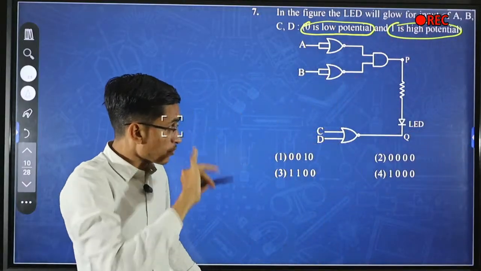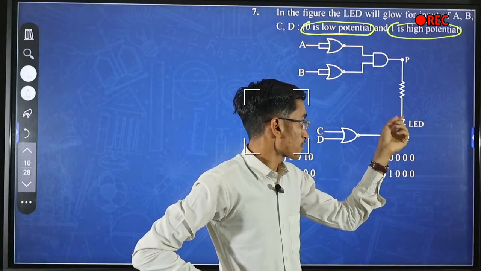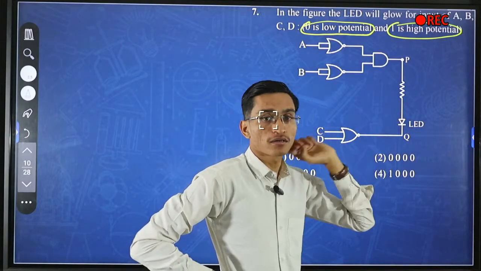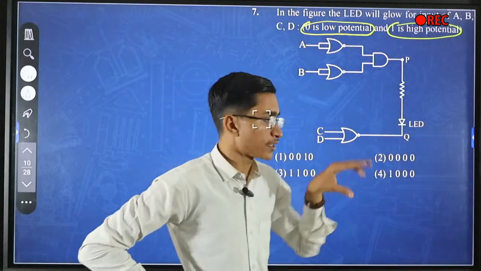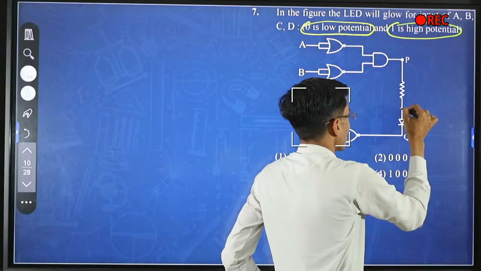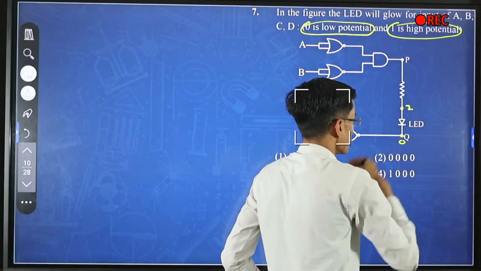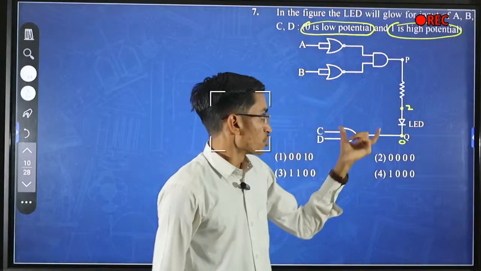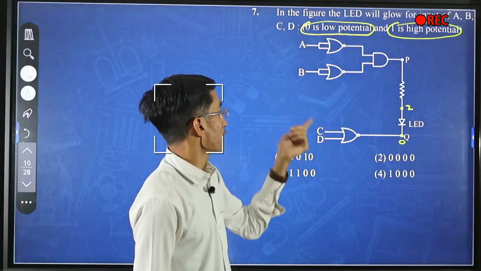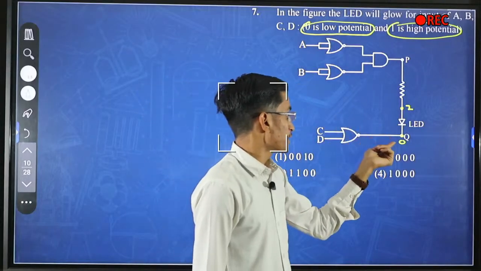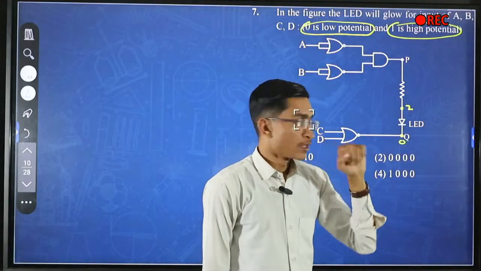So, for the LED to glow, this diode must be in forward bias, and for this to become forward bias, the output at this point should be 1 and the output at this point should be 0. So we have to find for input of A, B and C, D, the output at this point should be 0 and at this point it should be 1.